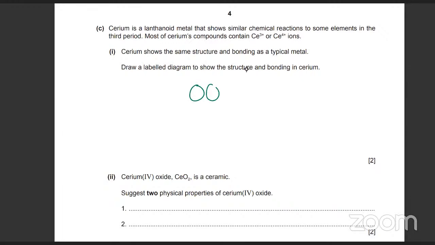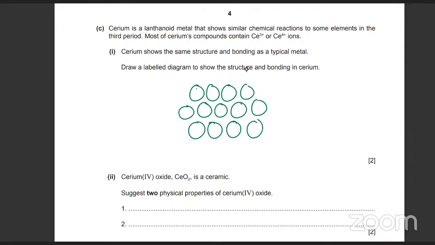A typical metal is positive ions in a sea of free moving electrons. So you'll draw these positive ions, and this should be enough. And they're going to be delocalized electrons, so show a bunch of delocalized electrons that are freely moving around.